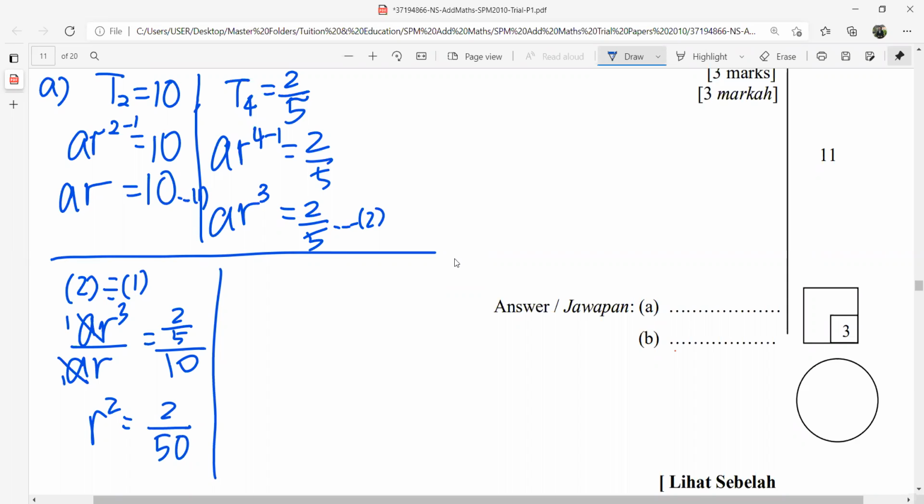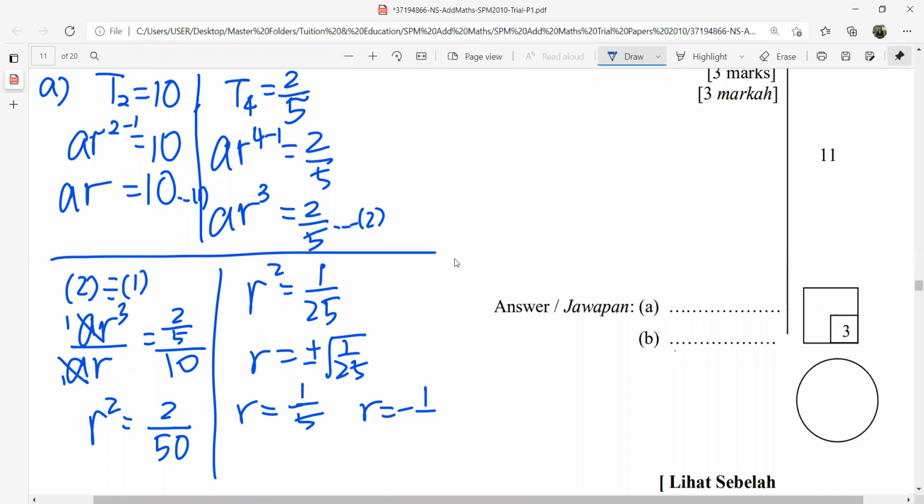So R squared equals 1/25. I want R, so positive and negative, square root of 1/25. One is 1/5, another one is negative 1/5. But this is rejected because they already say R is more than 0.